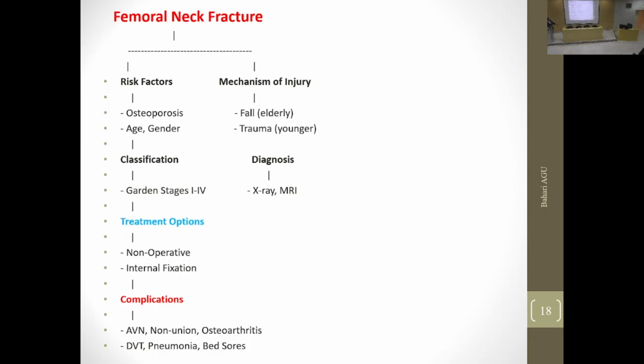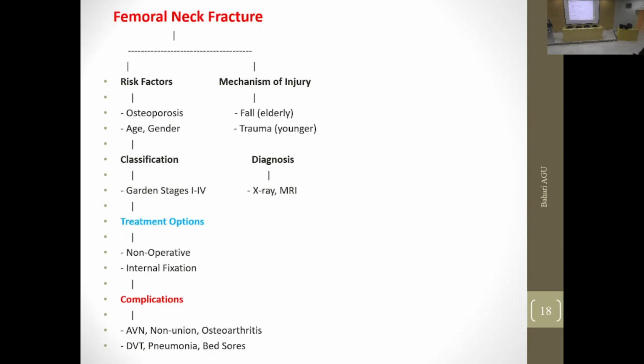Treatment is non-operative or internal fixation. Non-operative, like type 1 in Garden classification, that fracture is already in valgus, you can keep it non-operative. Complications are avascular necrosis, non-union, osteoarthritis, DVT, pneumonia, bed sores.